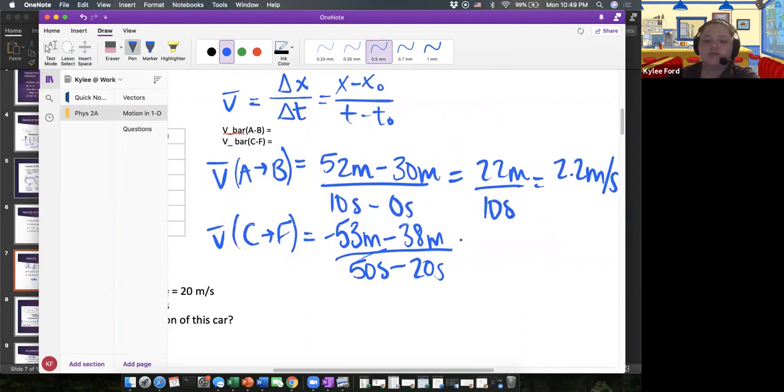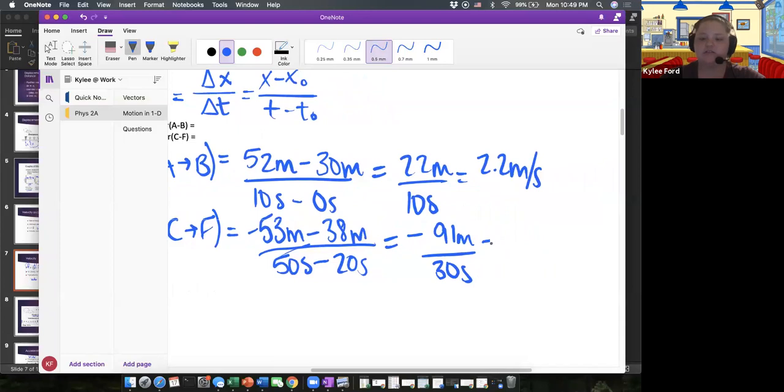This one I will not be able to do in my head. Let me double check that. So 91 divided by 30, we are going to get a velocity of -3.03 meters per second.